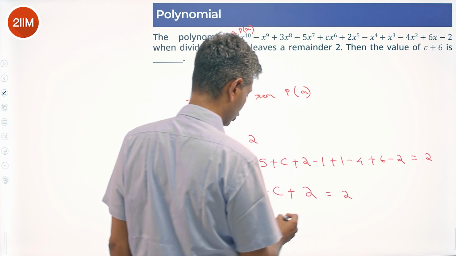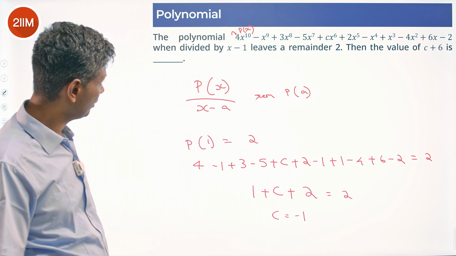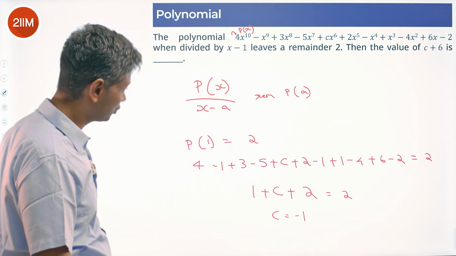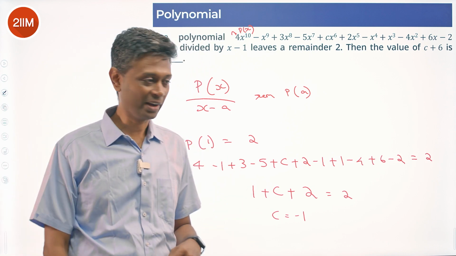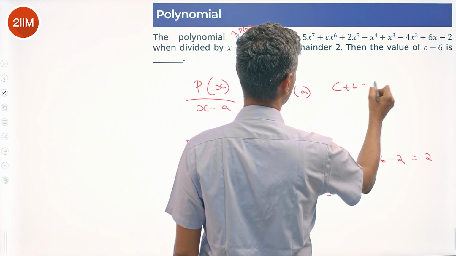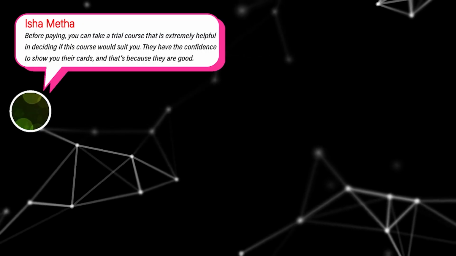Super. 1 plus c is 0, or c is minus 1. What is c plus 6? Minus 1 plus 6, 5. Done. Just because it's a nice simple question, I want to check one more time, not mark some wrong answer. Answer is 5. C is minus 1. C plus 6, minus 1 plus 6, which is 5.